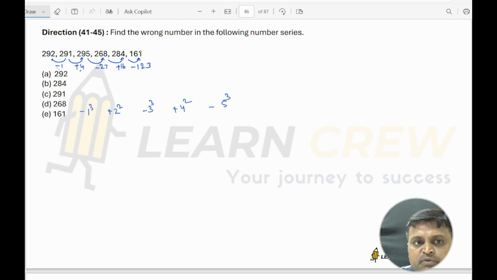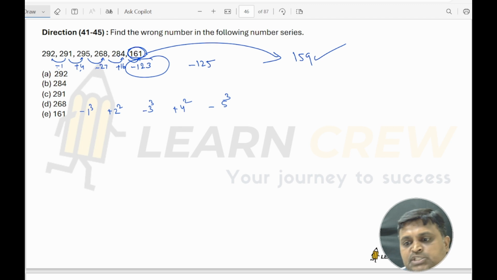Minus 5 cube is 125. So this has to be 284 minus 125, which is 159. So this is the wrong term. In place of 169, it has to be 159.